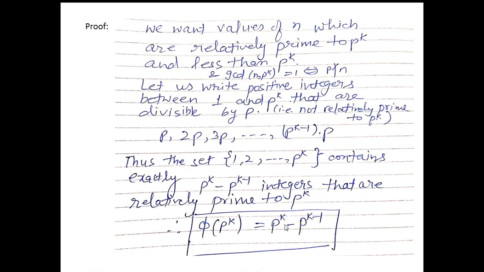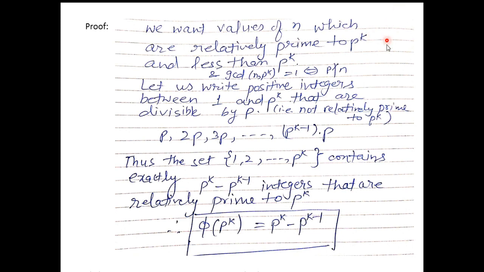Let us see how to prove this result. We want the value of phi of p to the power k. N is p to the power k. So what is phi n? Phi n counts the positive integers less than n and relatively prime to n. So we want all the integers which are less than p to the power k and relatively prime to p to the power k.